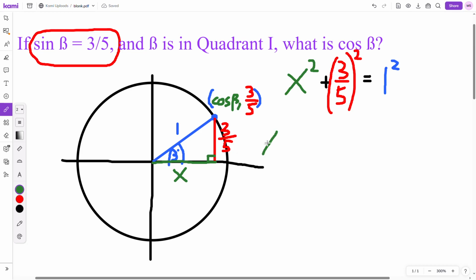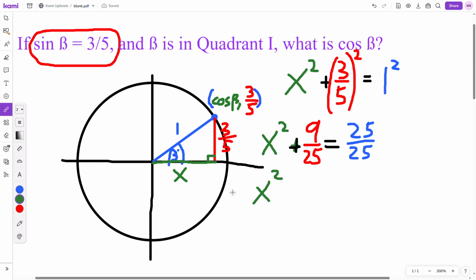So this simplifies to x squared plus 9 over 25 equals 1. But we're going to write 1 as 25 over 25 because that makes it easier to subtract 9 over 25 from both sides. So if we subtract 9 over 25 from both sides, we get x squared equals 16 over 25.